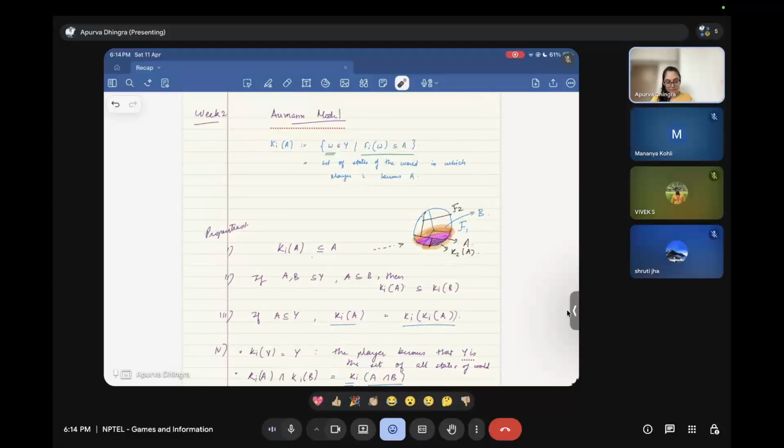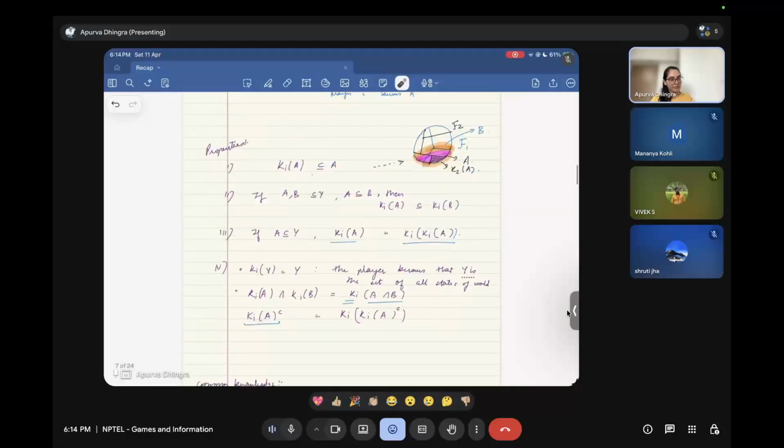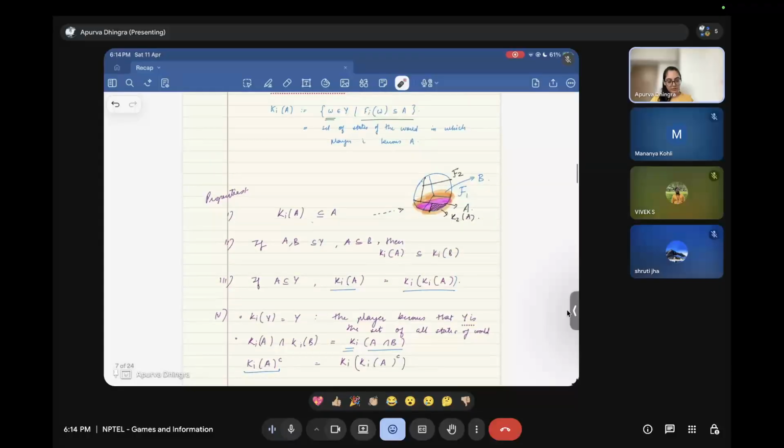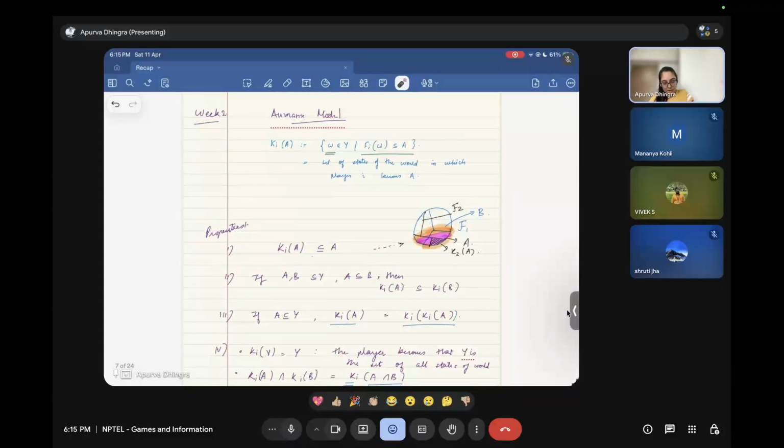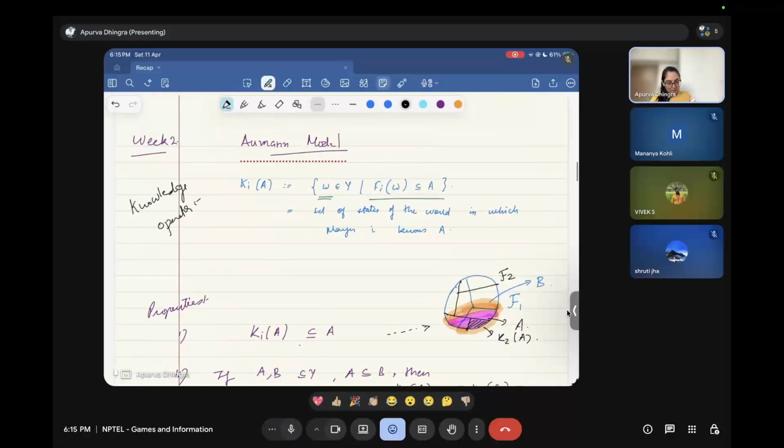So now week 2 was a bit different from all the other weeks because this was more formal. We talked about something called the Aumann model, and this Ki of A was the knowledge operator. Let me refresh your memory.